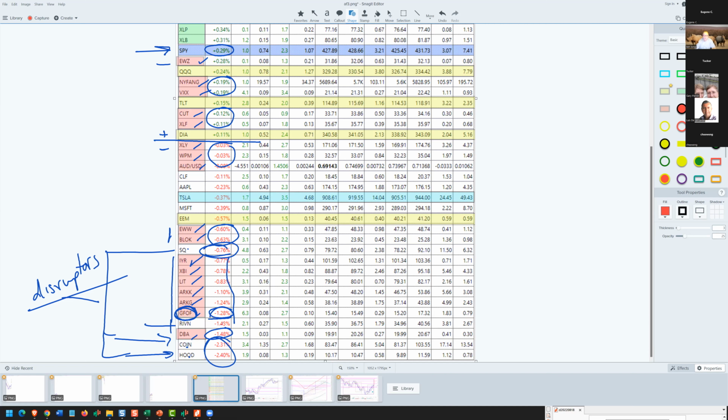Rivian, another sad day, minus 1.4. Disturbing to me, Apple, Microsoft, and Tesla all down slightly more than the S&P and tech. So this was a give back of probably the three tech companies that have to be strong to lead us further out of the pit.